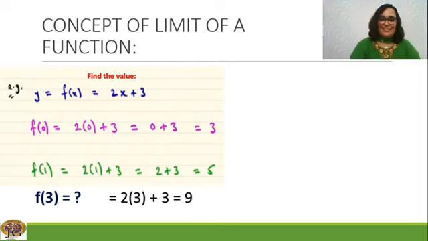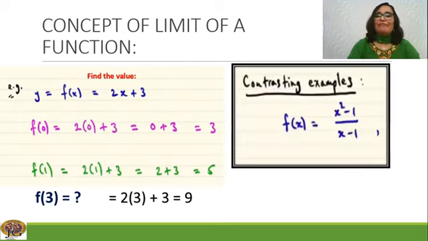Now let's see. Slowly we are moving on to the concept of limits. One more function I'm giving you. Please write this down in your notebooks. f(x) is equal to x square minus 1 upon x minus 1.